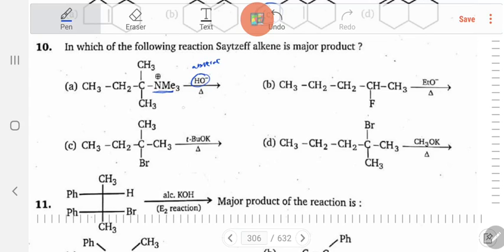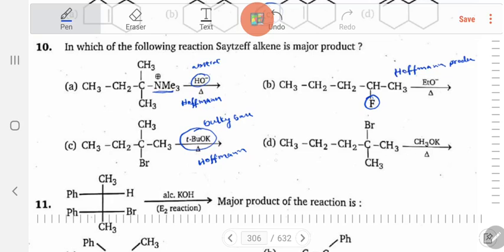This gives the Hofmann product, because it satisfies the Hofmann condition. Now in option B, there is a poor leaving group. When there is a poor leaving group, again Hofmann product. Here also Hofmann product. Now here the base is bulky. Due to the bulky base, again Hofmann product.